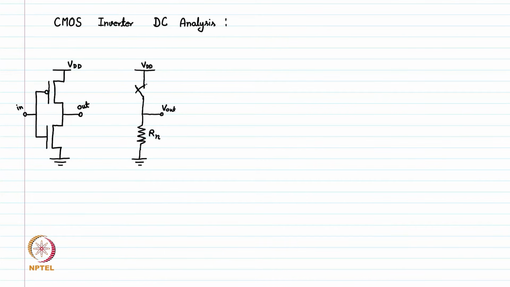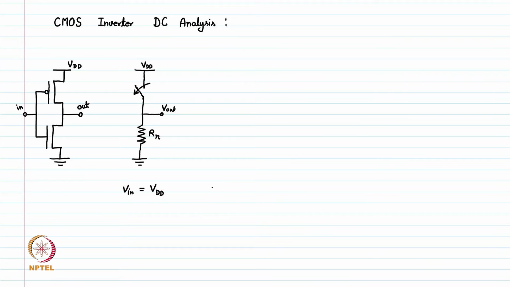So when we apply a high signal, V in is VDD, then the PMOS is off, shown by this open symbol, and the NMOS is replaced by a resistor, and V out is the node which is going to be discharged through this Rn.